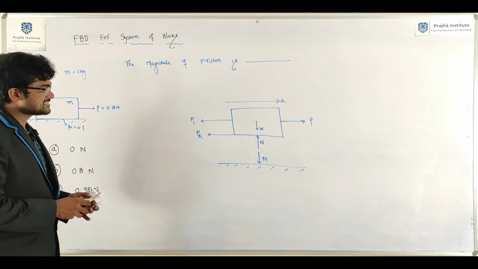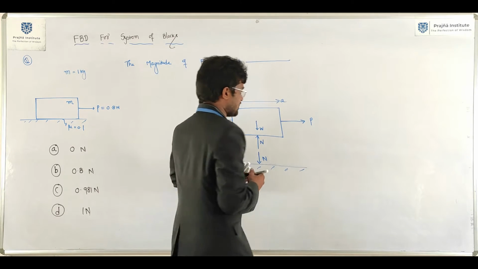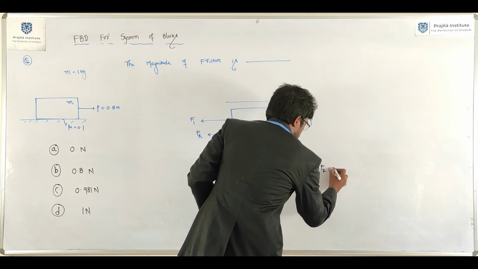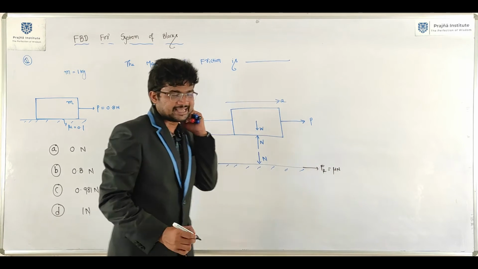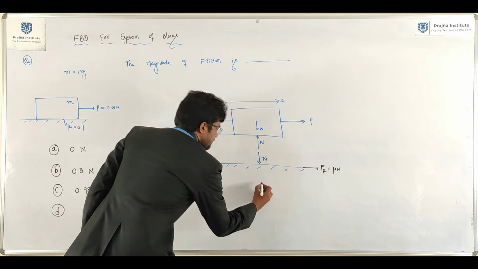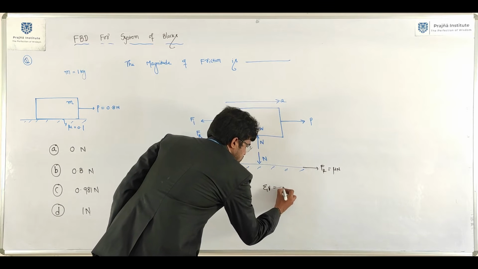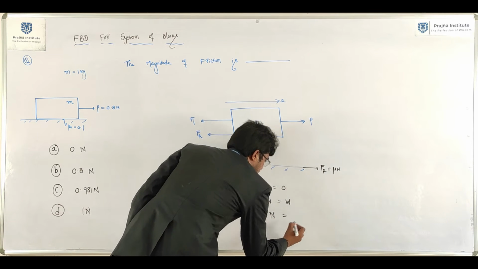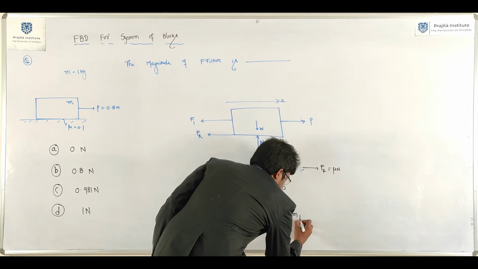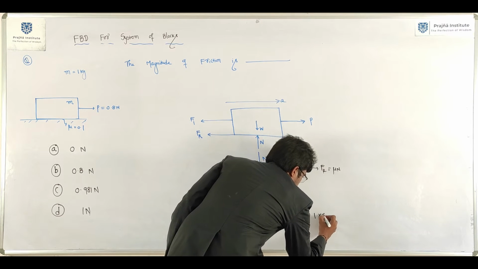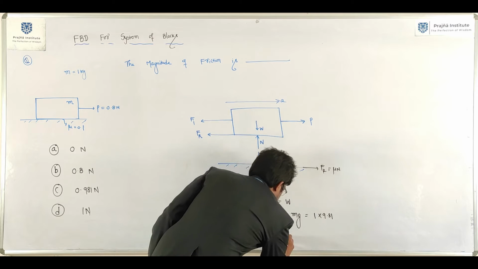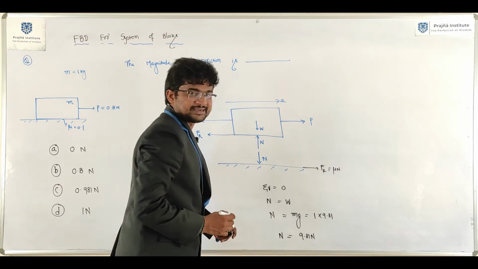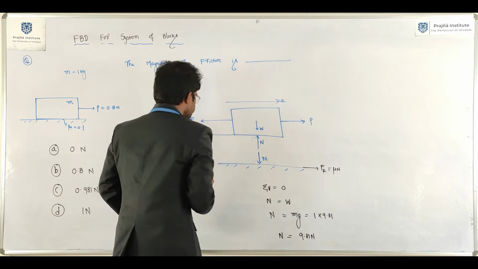Okay, first check it once. F r equal to mu into N. It is very simple actually. Sigma V equals 0, N equals W, N equals m into g equals 1 into 9.81. So N equals 9.81 Newton. That is the normal reaction.